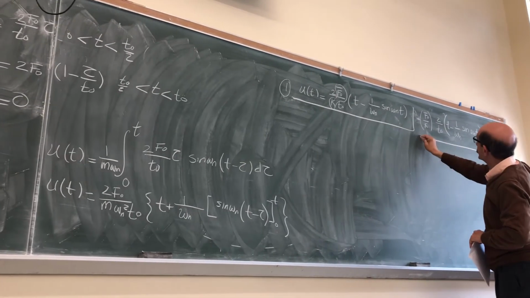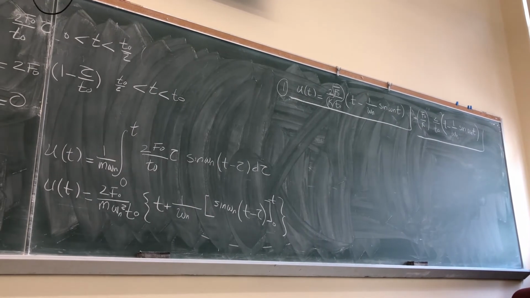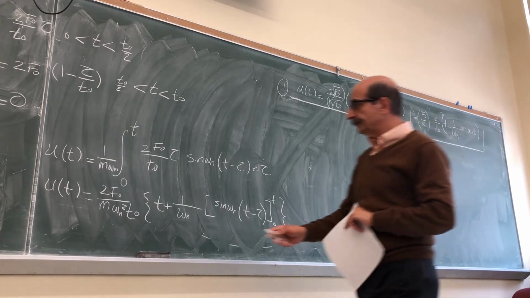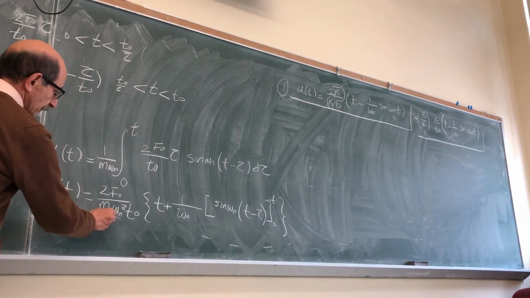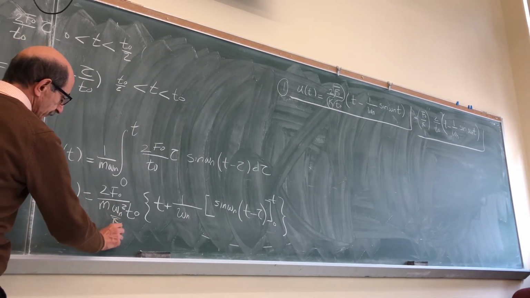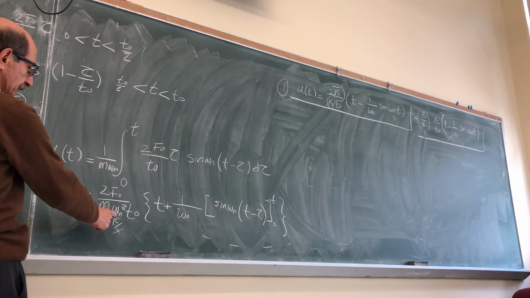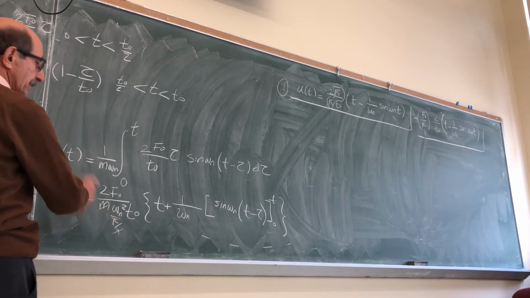Where's the math? Oh, you know what happened? Here, omega n squared, I substitute that k over m. We had omega n squared here, which is k over m. So m and m cancel out. The mass cancels out.